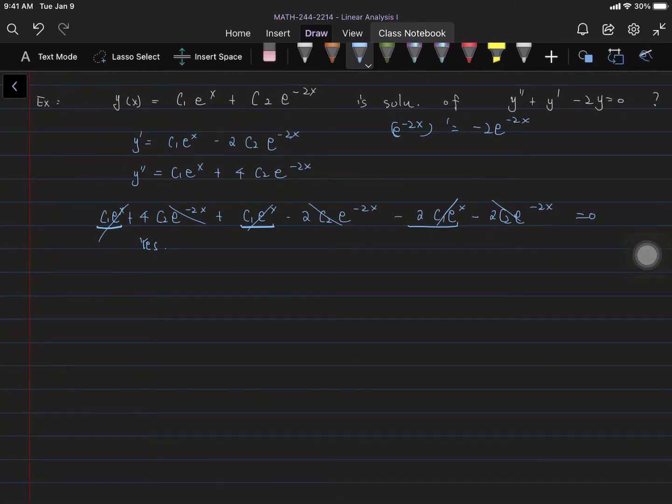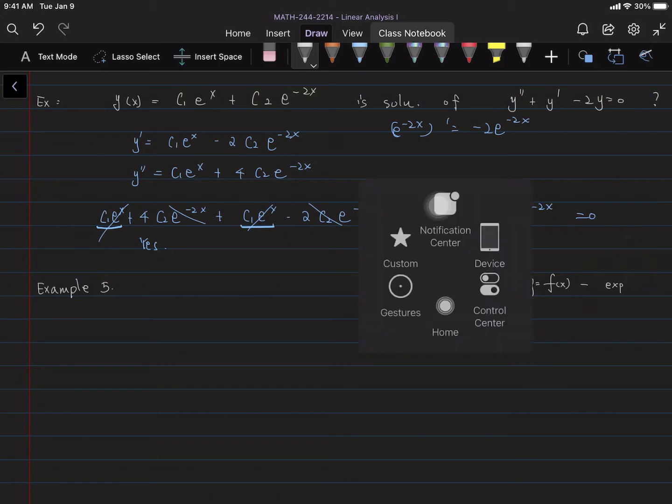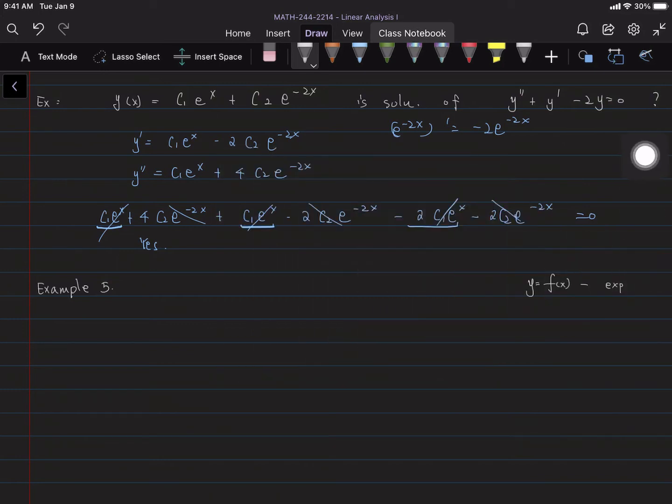Next example, we are going to see implicit solution. So let's see. Sometimes we know this is called an explicit function, right? In Calc 1, you learned implicit differentiation.